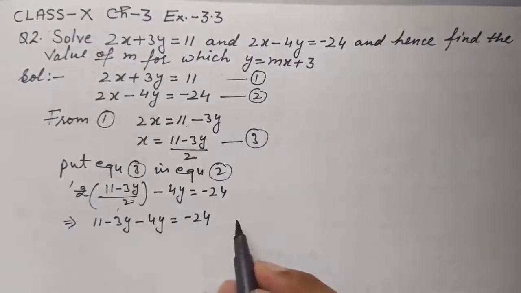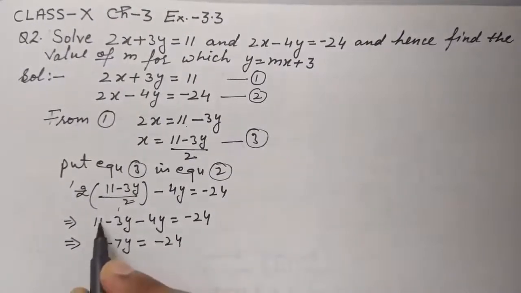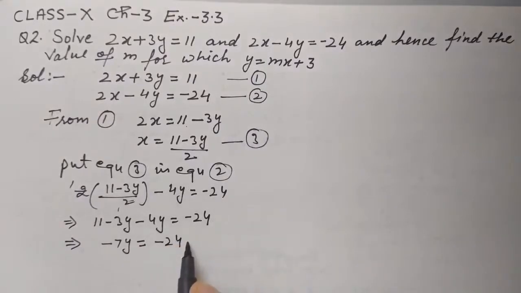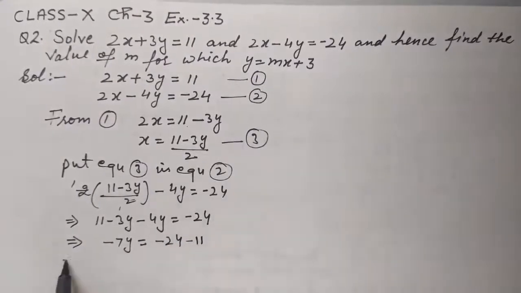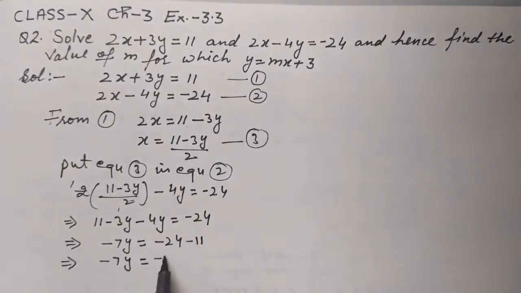Constants we will take to the right hand side, and these two will stay here. So minus 3y minus 4y is minus 7y, and minus 24 goes to this side, it becomes minus 11. So we have minus 7y is equal to minus 35.